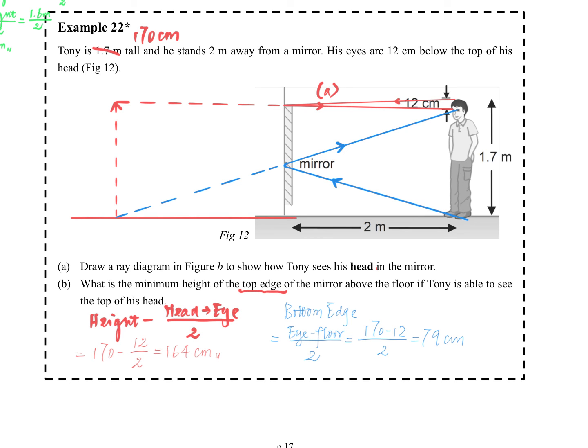And the minimum length of mirror should equal the height divided by 2. In this case, the height is 170 cm divided by 2, which means that the mirror needed to enable Tony to see his image should be 85 cm.